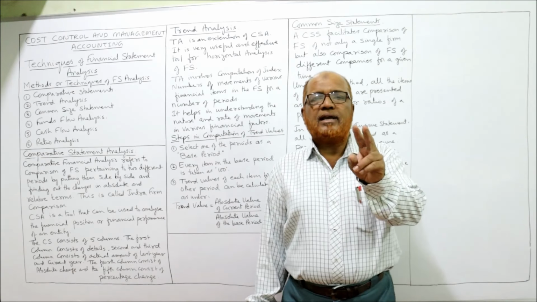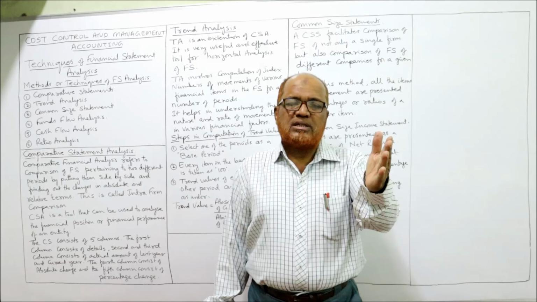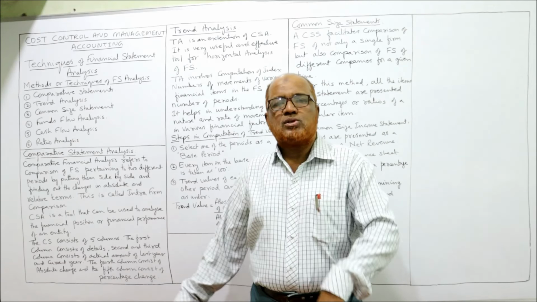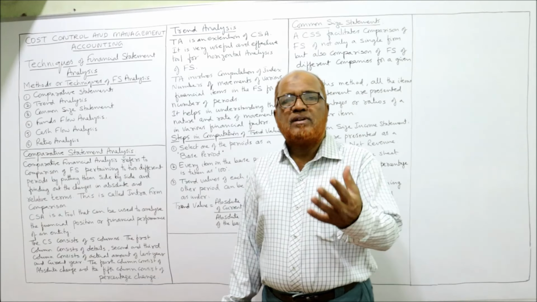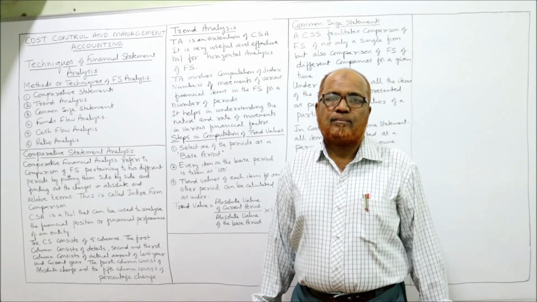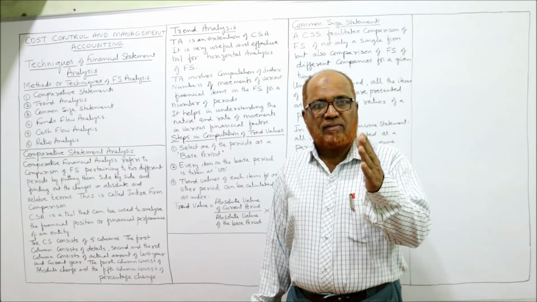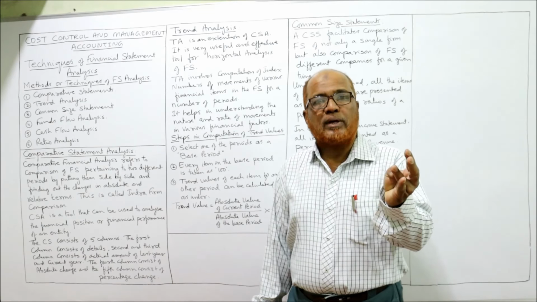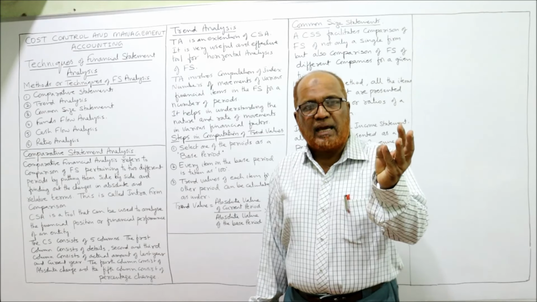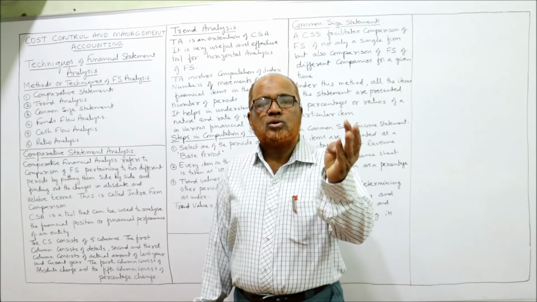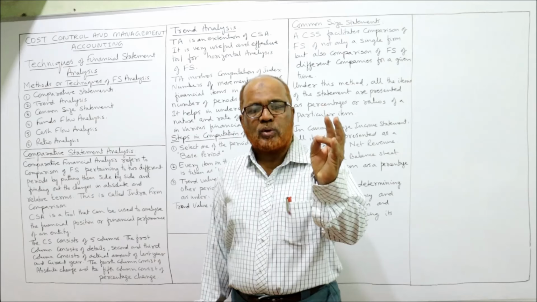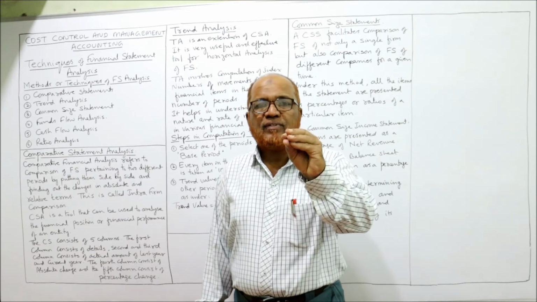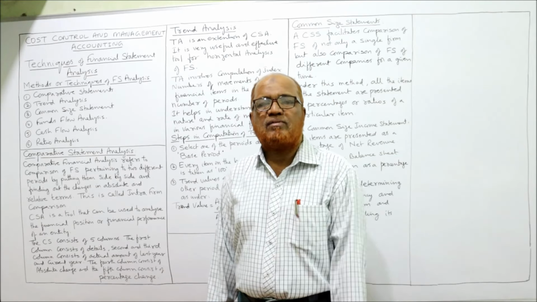Example, for only 2021 and 2022, only two years data is given, so we can make the comparative. Suppose the data is given for five years, 2018, 2019, 2020, 2021 and 2022. Five years financial information is given.